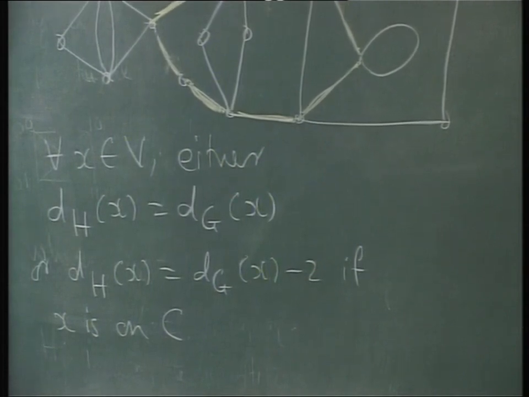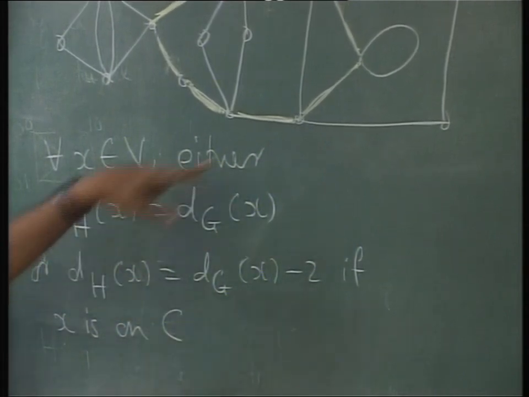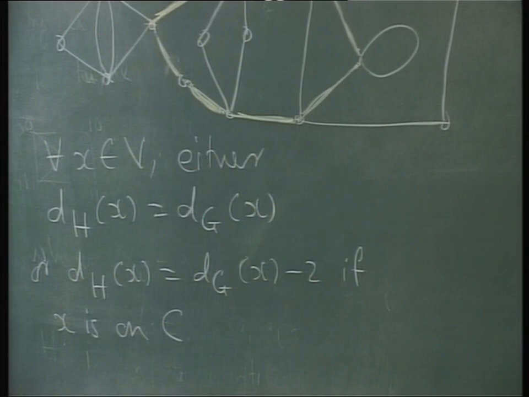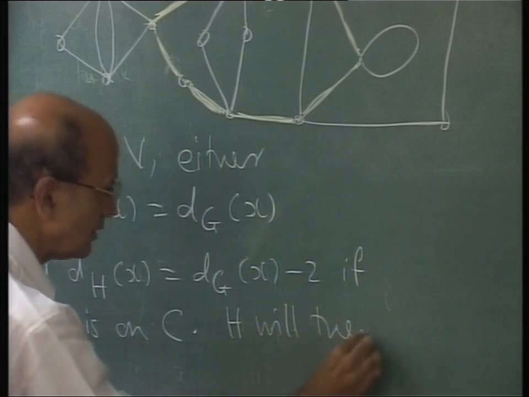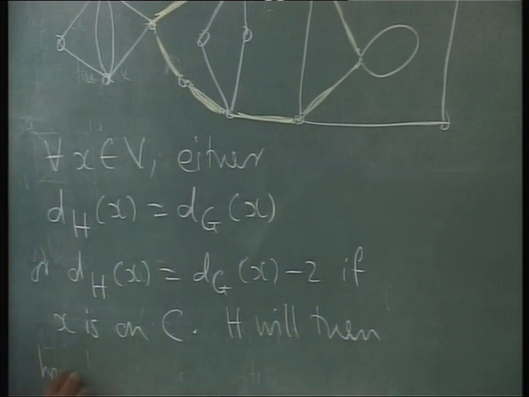Okay, what is the notation? dG(x) means the degree of x in G, and dH(x) the degree in H. H will then have components.